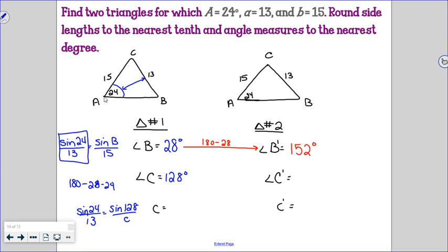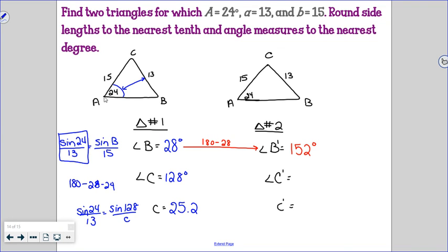And this one should be way bigger. It's our biggest angle. Who's got C for me? 25.2? Okay.